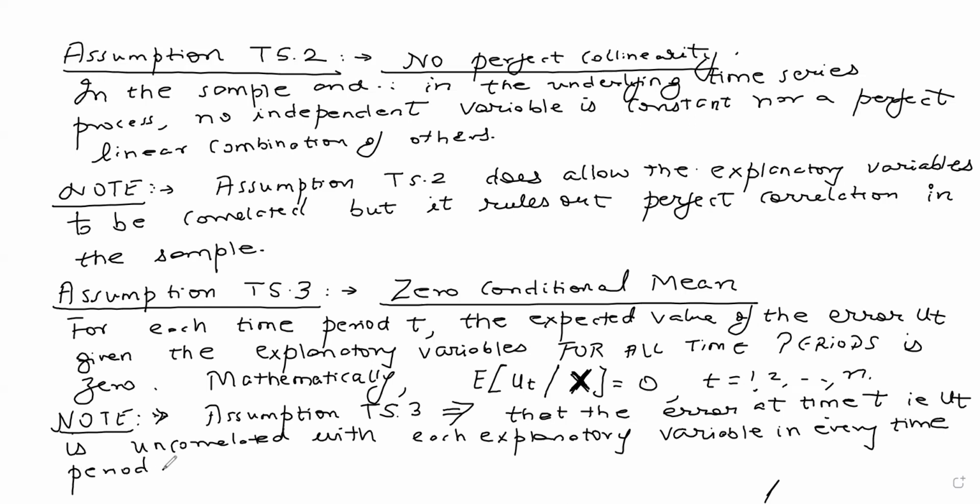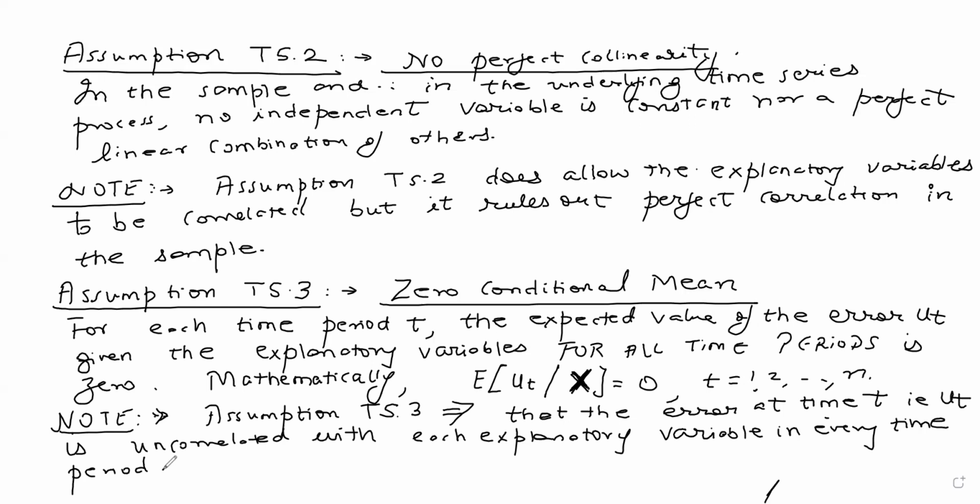Okay, so hoping that students have understood this particular assumption. What I'm trying to say is that the conditional mean value of the error term ut across x's in all time periods is equal to 0.